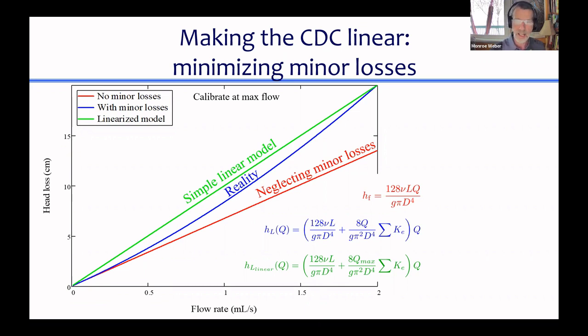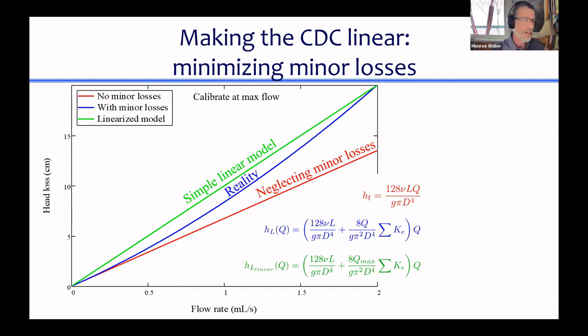In addition to the Hagen-Poiseuille term, which is the major losses, there's also a minor loss term. And that minor loss term is where the KE, the minor loss coefficient, is showing up in that equation. And that results in a line that is no longer straight, it's curved. So you see how that blue line slowly curves up. And that's the quadratic effect of the Q squared term in that equation, because now there's both a Q term and a Q squared term.